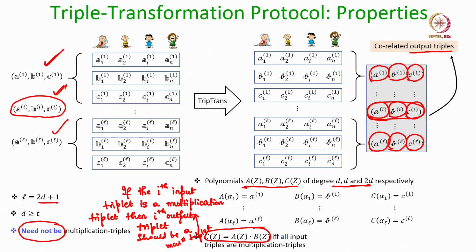However, if any of the input triplet is not a multiplication triplet, then the C polynomial will not be the product of A and B polynomial.